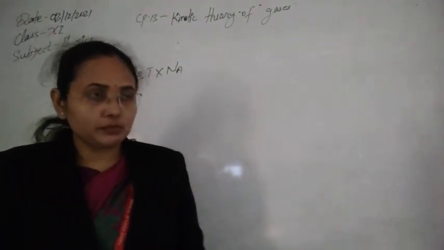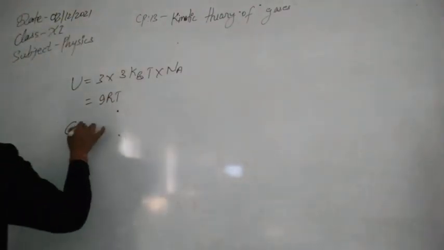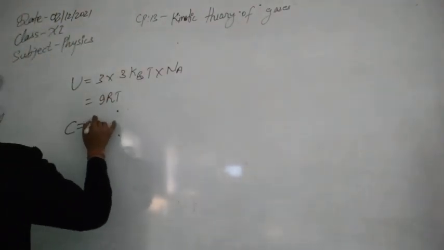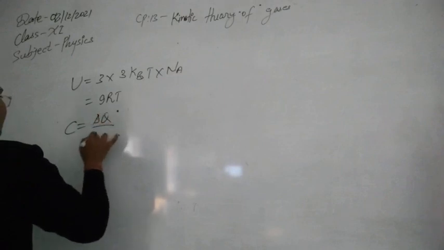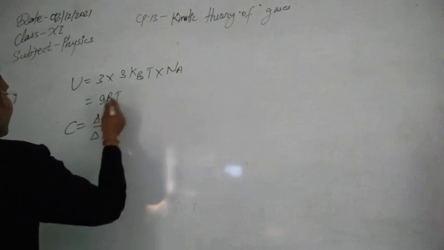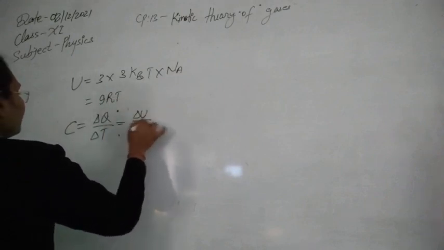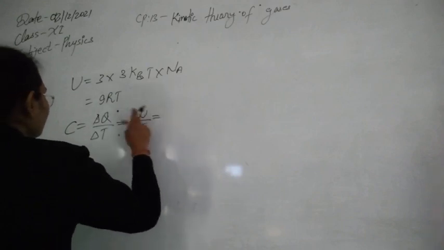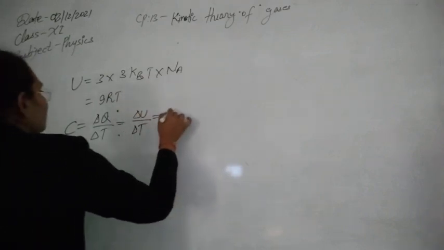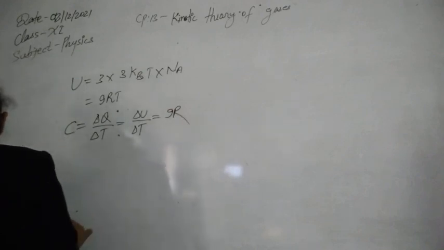So molar specific heat, that value is delta Q by delta T, or also we can write delta U by delta T, because work done is 0. So we can solve it and obtain 9R.